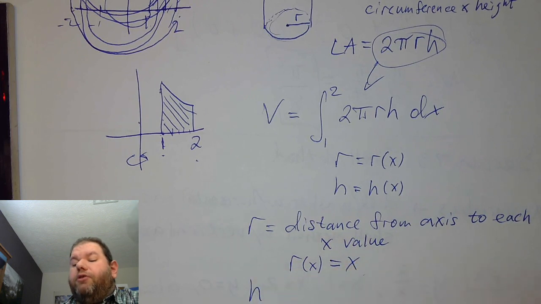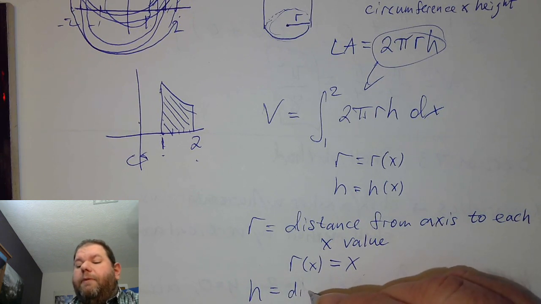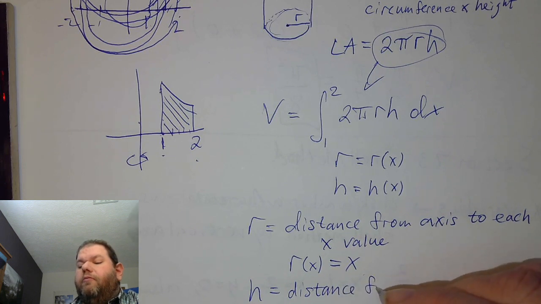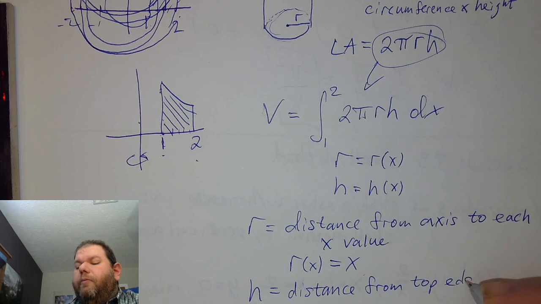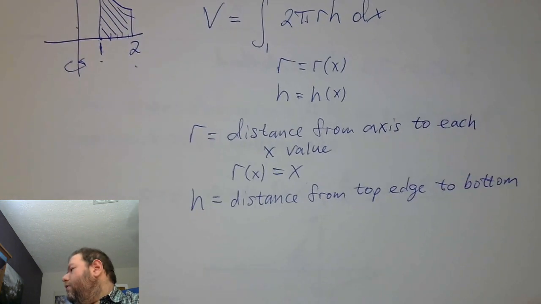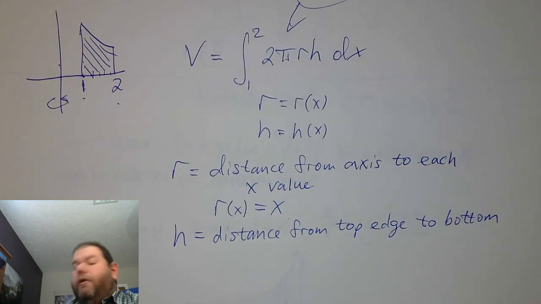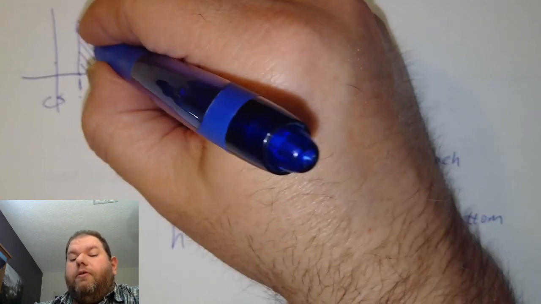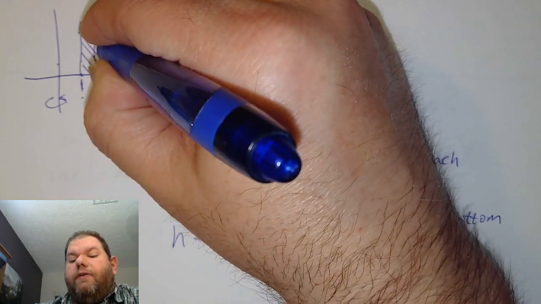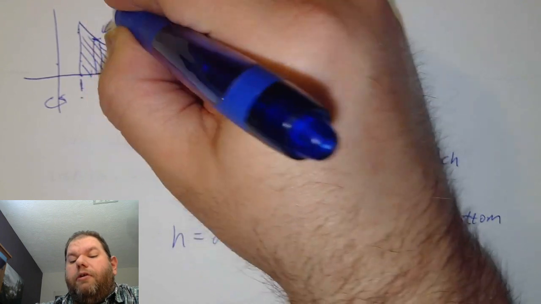Now the height function h is the distance from the top edge to the bottom edge of the graph. So h of x in this case is this vertical component.